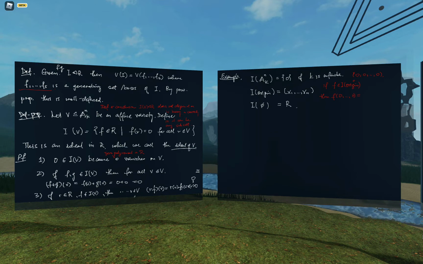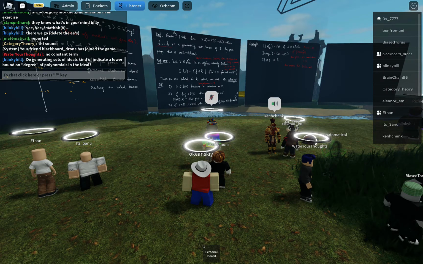So this is really just equal to the constant term. So what this means is that the constant term is 0. So yeah, that's correct. And if the constant term is 0, then this means that f is in (x1, ..., xn). Cool. Thanks for that.